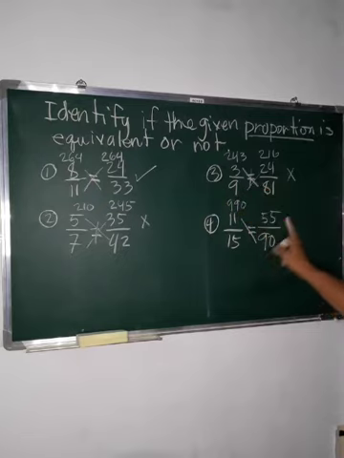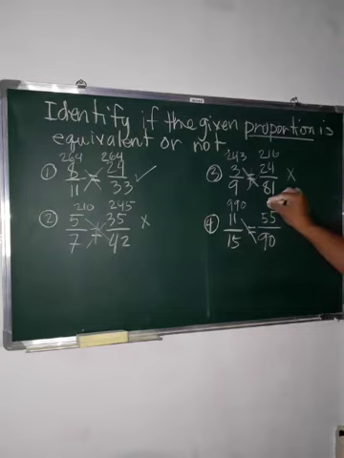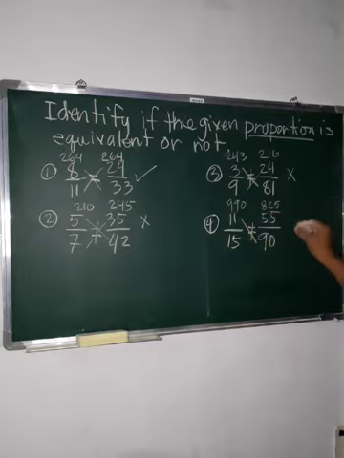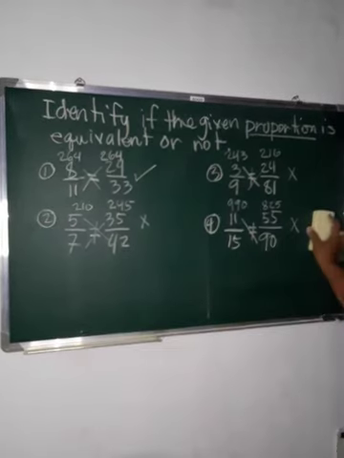And then 15 times 55, we have 825. So the answers are not equal, therefore they are not proportion. Okay, so more examples.